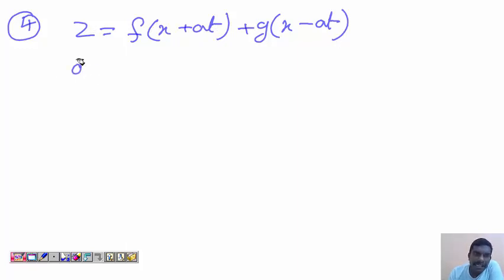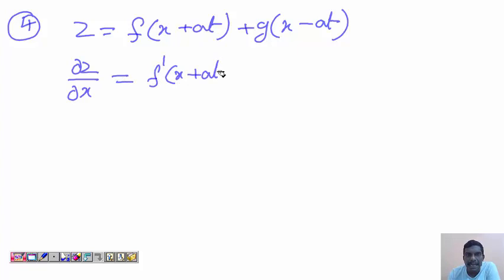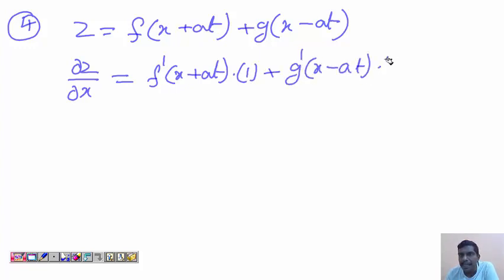Therefore, let us differentiate first. It is dou z by dou x, which is nothing but f dash of (x plus at) into differentiation. The inner differentiation is 1, plus g dash of (x minus at) into the inner differentiation is 1.